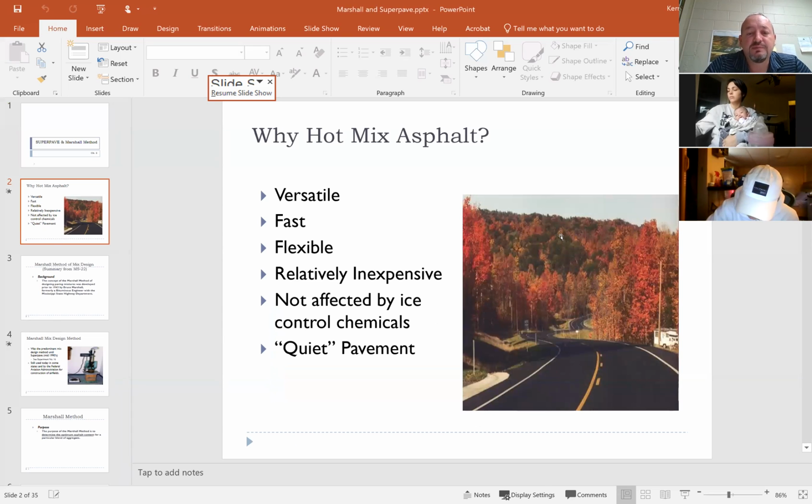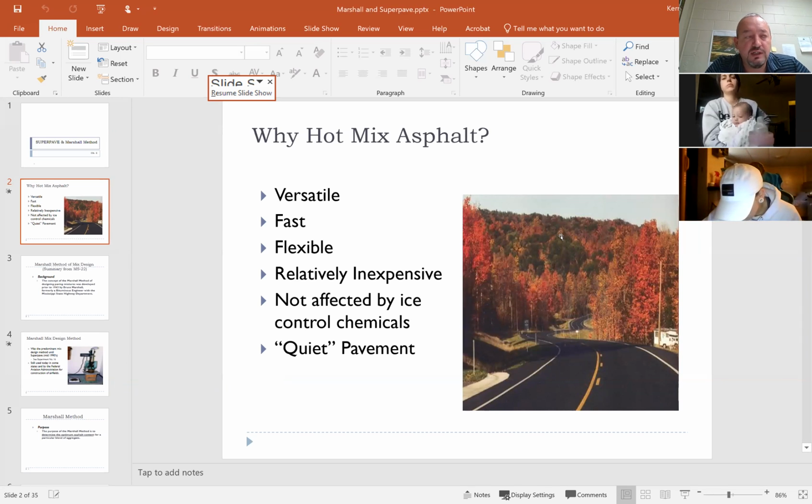So just in general here, what would the hot mix asphalt guys say would be some of the advantages of a flexible pavement made out of asphalt rather than a rigid pavement made out of concrete? They might talk about the versatility or how relatively fast they'd be able to pave.